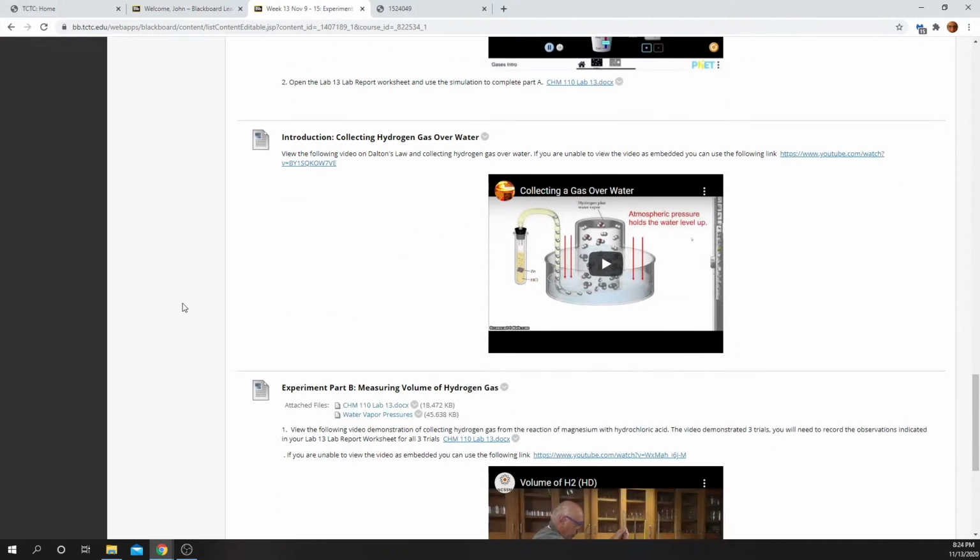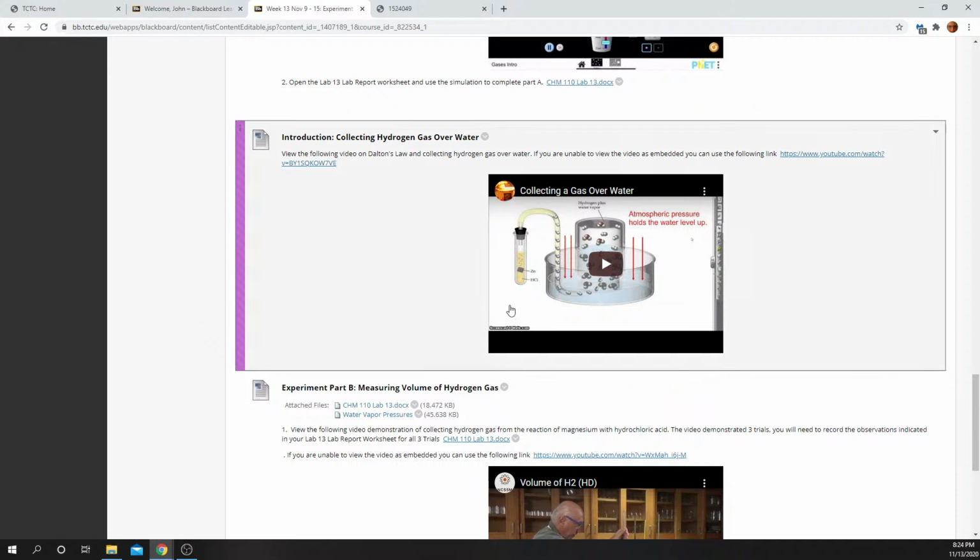All right. Then you're going to collect hydrogen gas over water. That's not really a problem. So what's happening here is you've got a reaction between zinc and hydrochloric acid that produces hydrogen gas. The test tube is sealed, and then it's got a little tube, a pipe, that goes into this beaker.